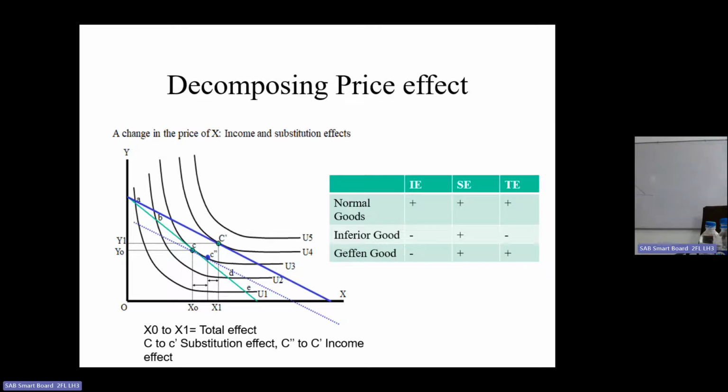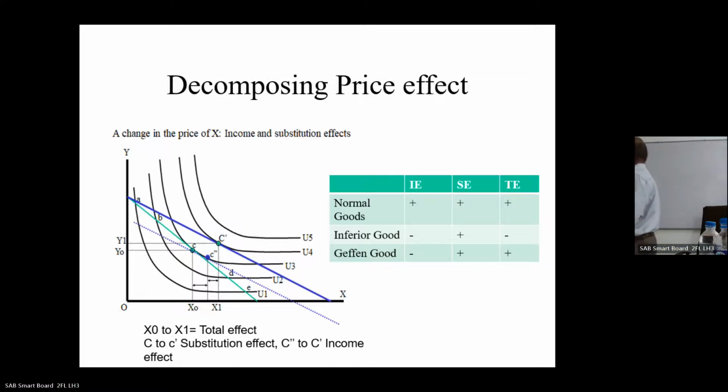The intercepts on the X axis and the Y axis are the extreme points that we consider. The slope is the price ratio, so if we take the price ratio, that is the slope of the budget line.